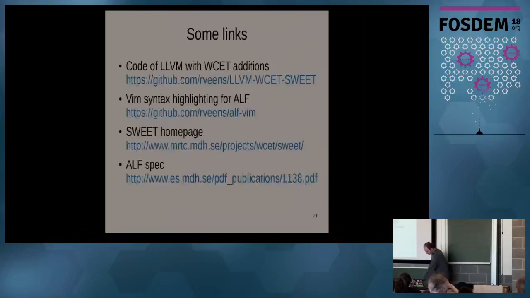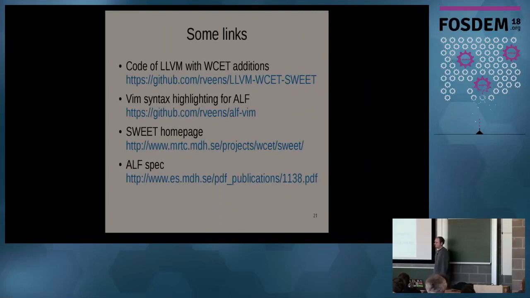So, some links, if you want to give this project a go or continue it. First is the code I have, which I put on GitHub. I made a syntax highlighting file for Vim because there was not one available, and I don't think there were that many users on the Suite mailing list.